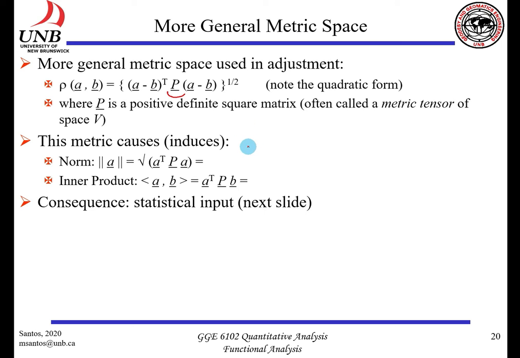If we add this metric, we now have a norm that is weighted, and the inner product will also be weighted. The consequence is a statistical input.